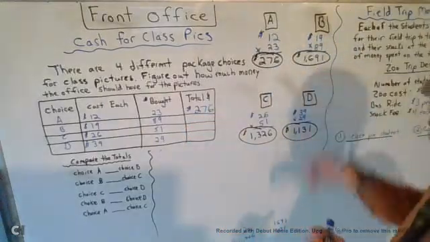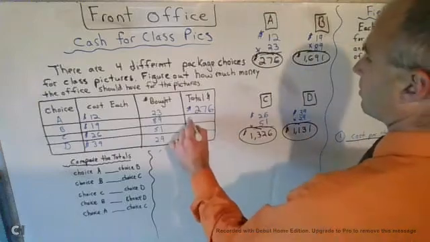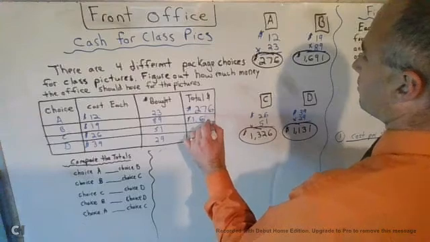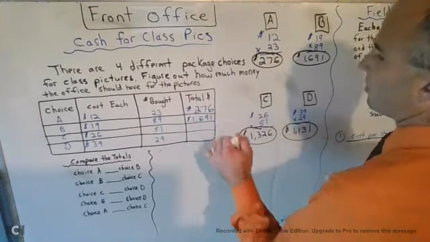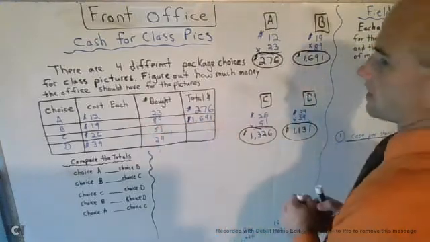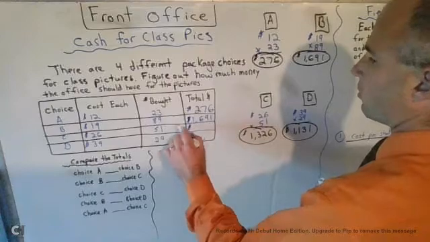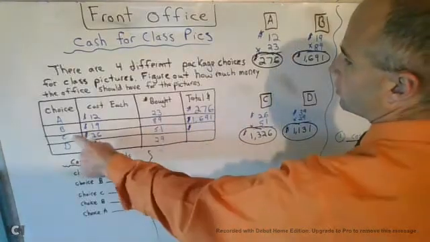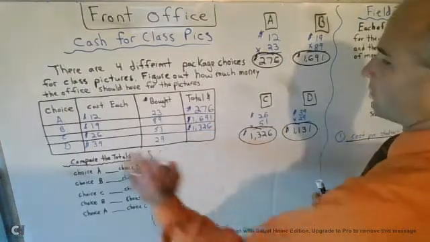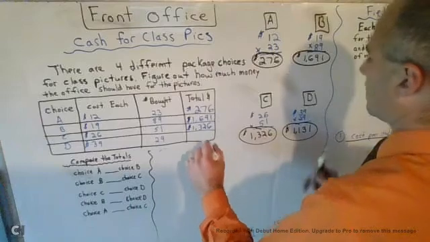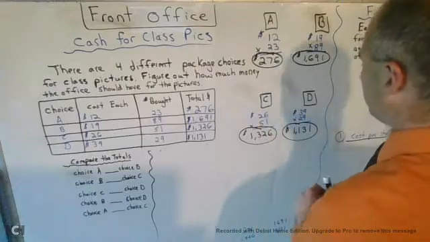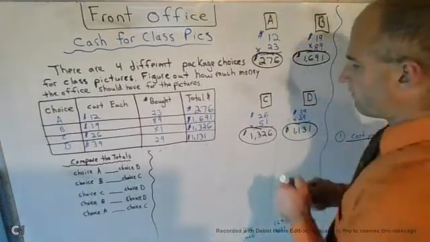For option B, they should have the total amount in the office for $1,691. That amount of money is what they should have for all the students who purchased choice B. For all 51 students who purchased choice C, there should be $1,326. And for all the students who chose D, there should be $1,131.